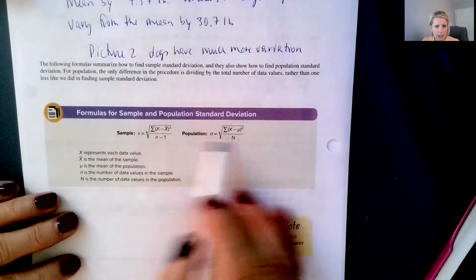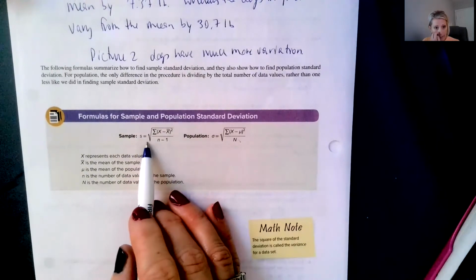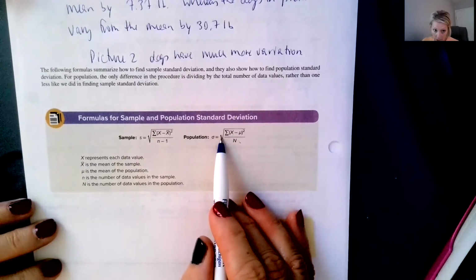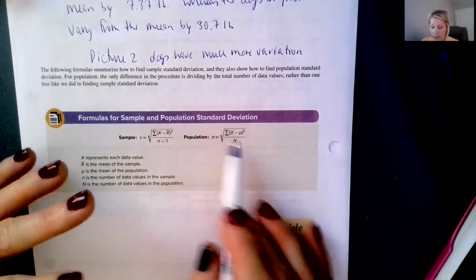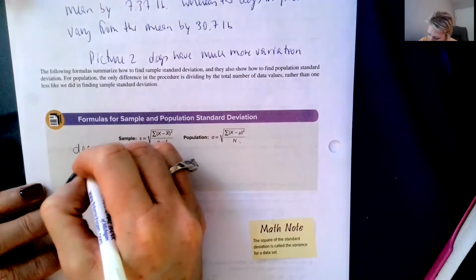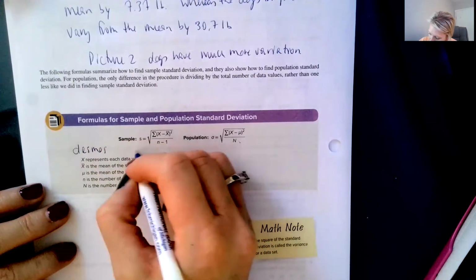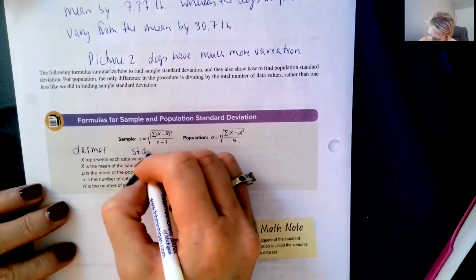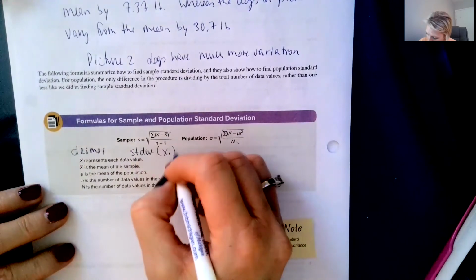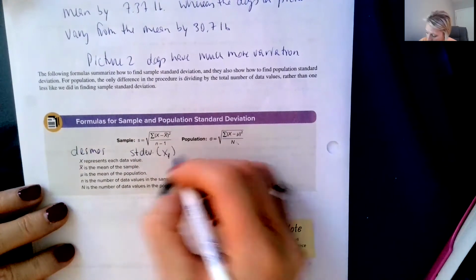So here are the formulas. If you have sample data, you're going to use this formula. And if you have population, you're going to use this formula. Now, we're not doing anything by hand, so don't worry about that. So in Desmos, for sample standard deviation, you're going to say STDEV of your X1 or whatever, wherever your data is.